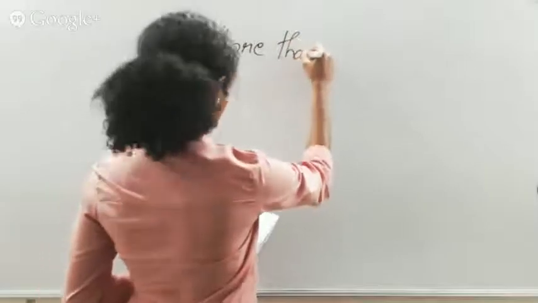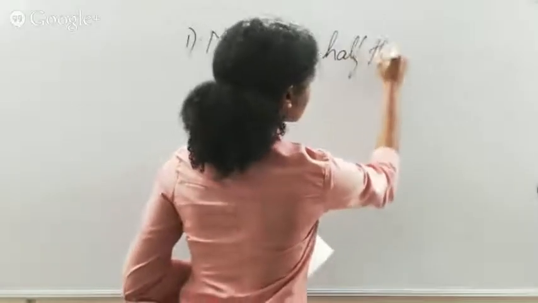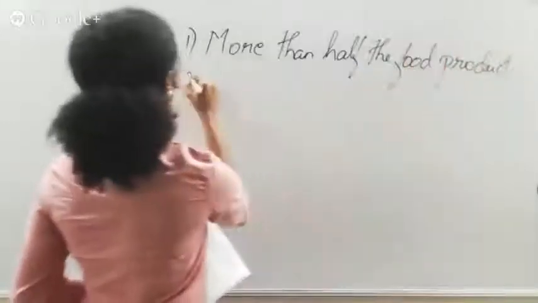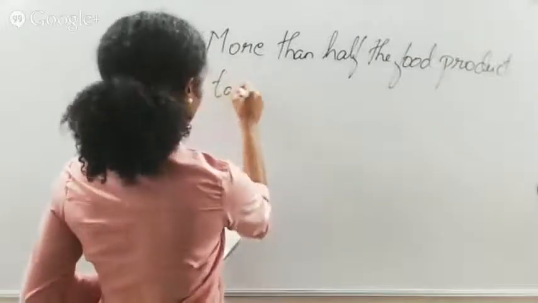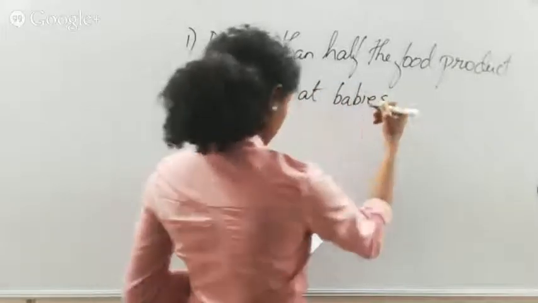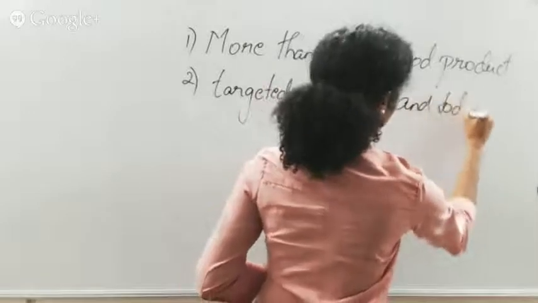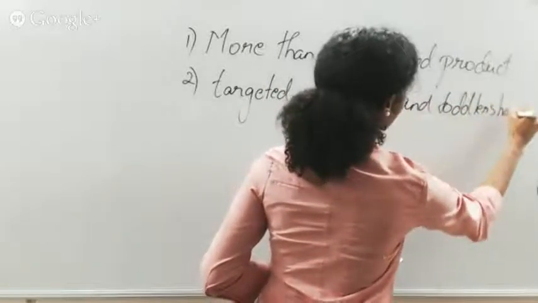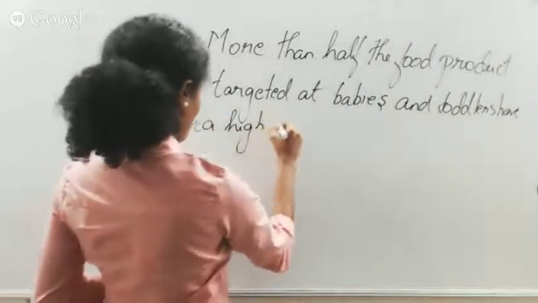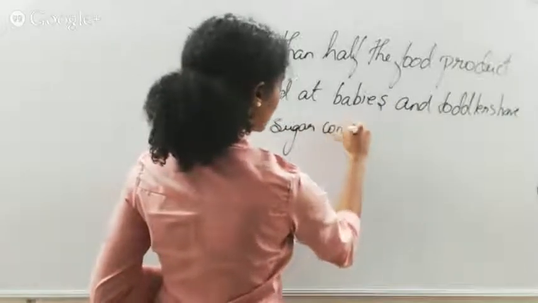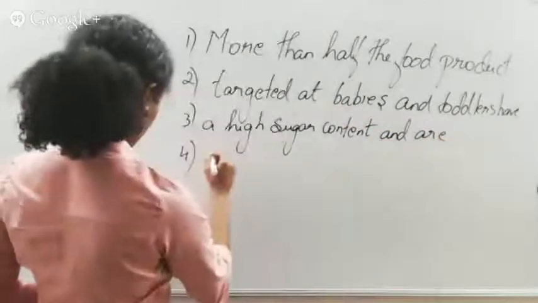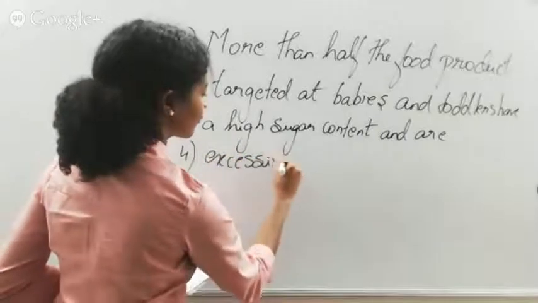More than half the food product, okay. Part 2, targeted at babies and toddlers have, part 3, a high sugar content and are, fourth part, excessive sweet.